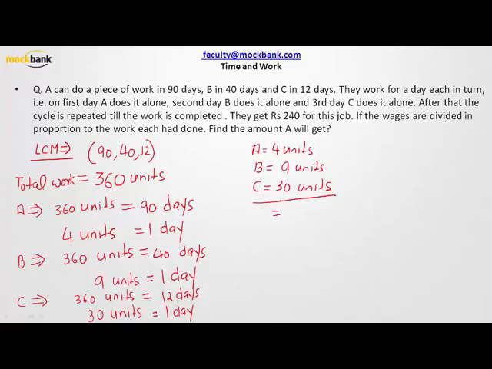So in one cycle, can you appreciate that this is going to be 43 units in a total of 3 days, right? This is per day, this is also going to be per day, so forth and so on.